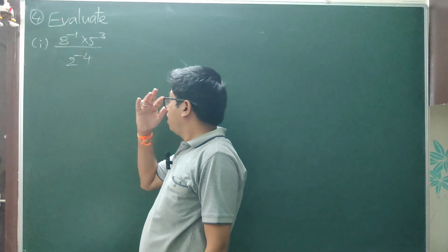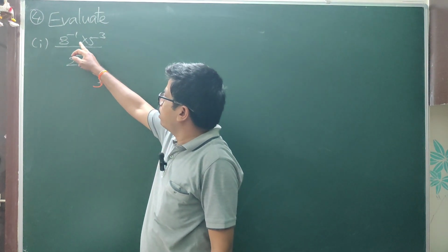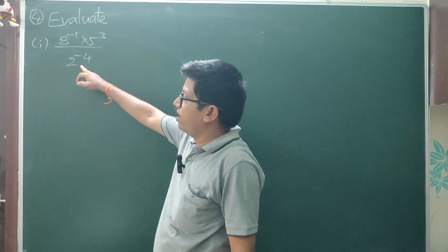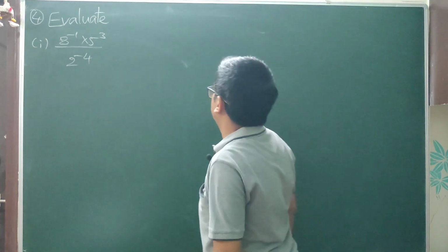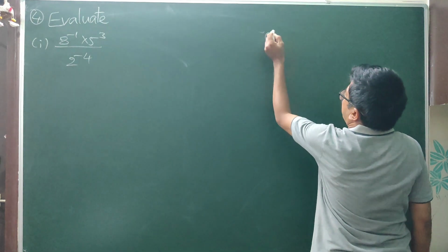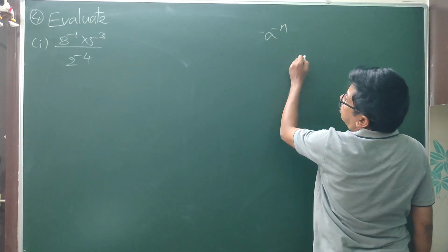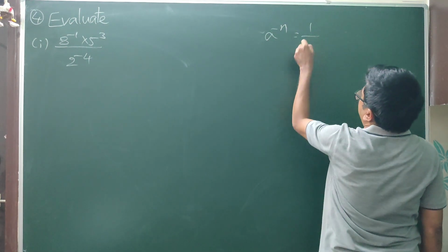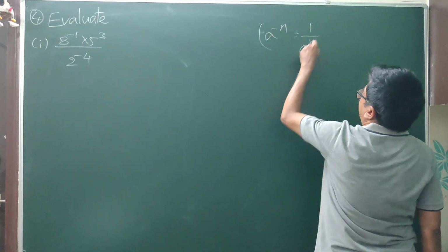Fourth Roman, evaluate 8 power minus 1 into 5 cube whole by 2 power minus 4. A power minus n equal to 1 by a power n.